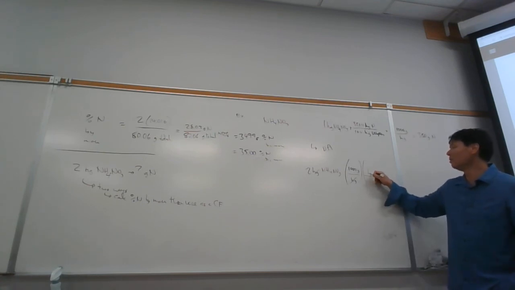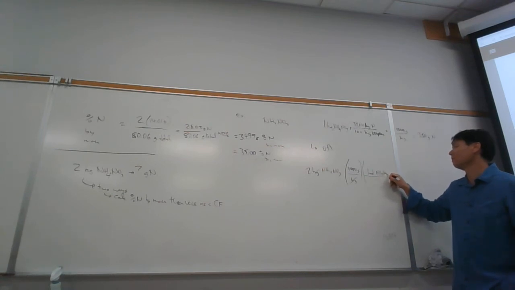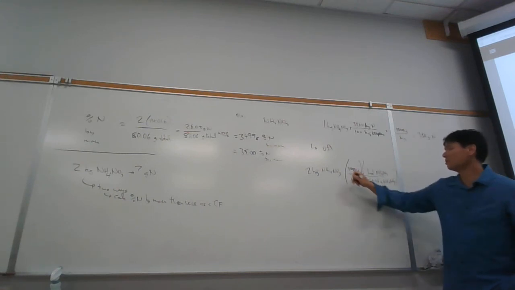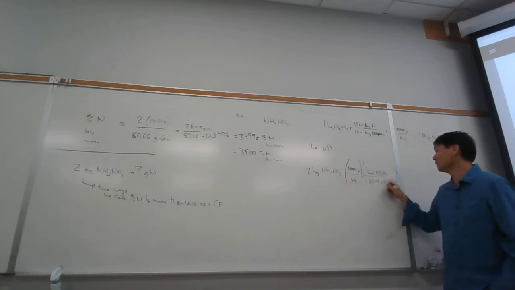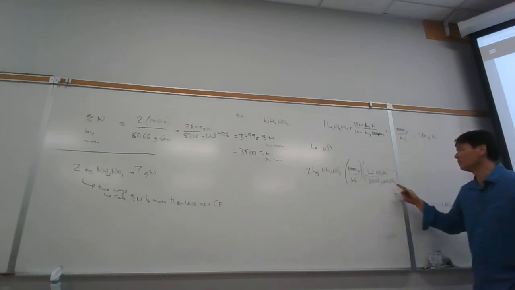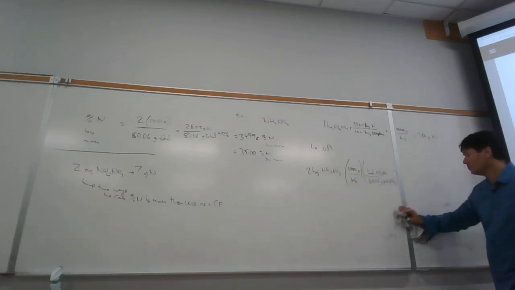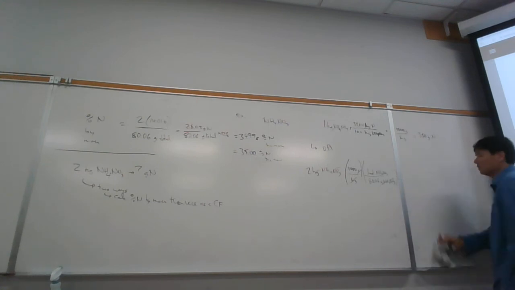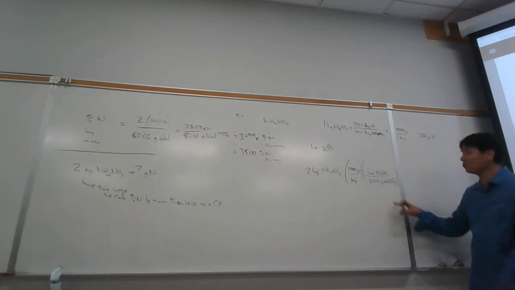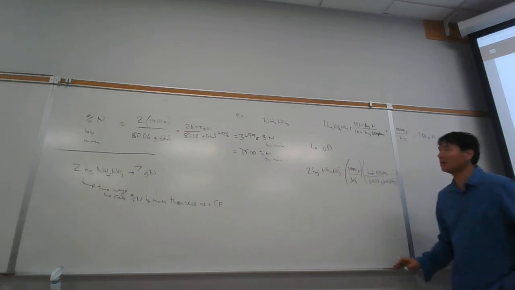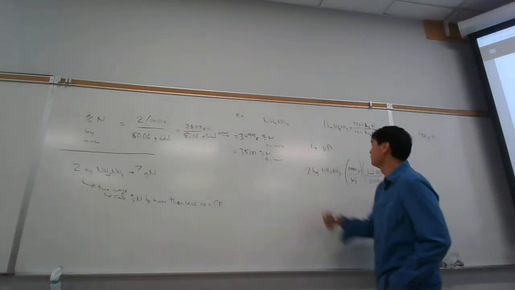And 1 mole of ammonium nitrate weighs 80.06 grams. And so the grams of ammonium nitrate cancel, and that leaves me with moles of ammonium nitrate. Once I have moles of ammonium nitrate, then I know, for example, if I had 1 dozen ammonium nitrates, then I have 2 dozen nitrogen.